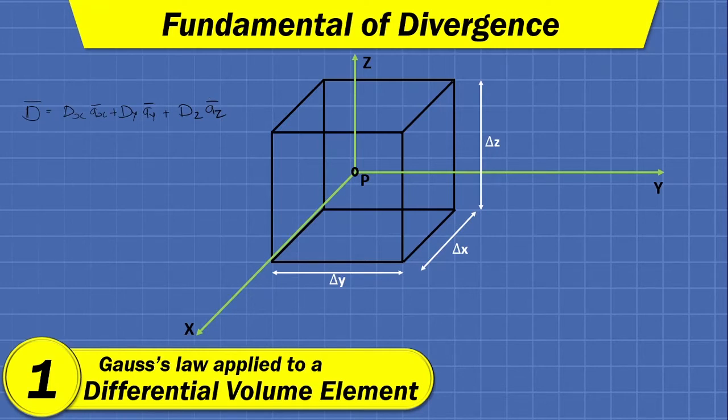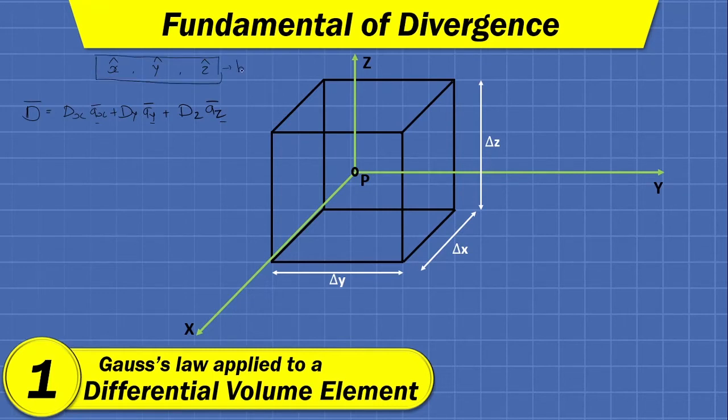This density is also defined in Cartesian coordinates, with base vectors ax bar, ay bar and az bar. In much literature you will find x cap, y cap and z cap in place of ax bar, ay bar and az bar. Both are convenient representations and valid.